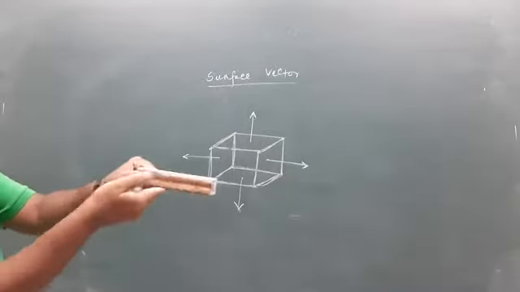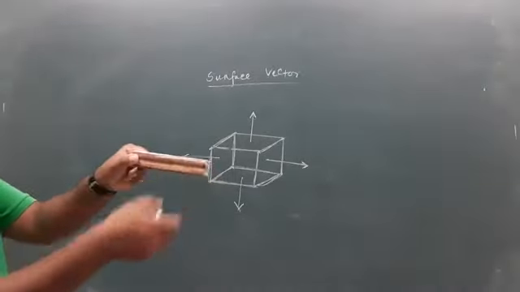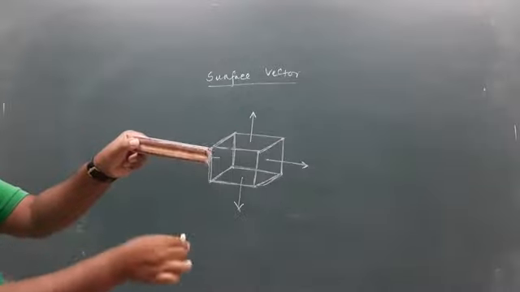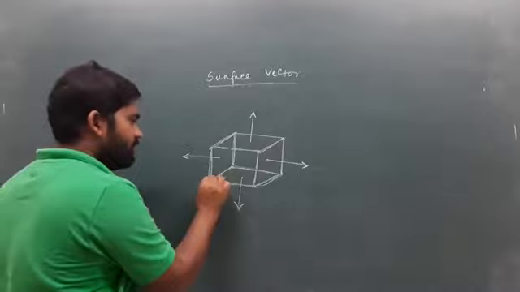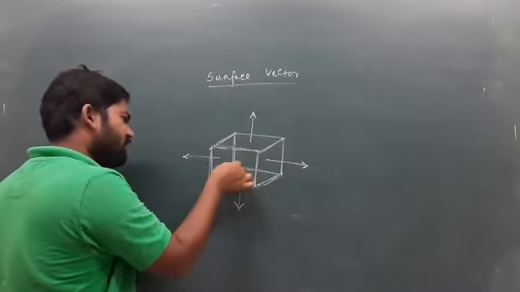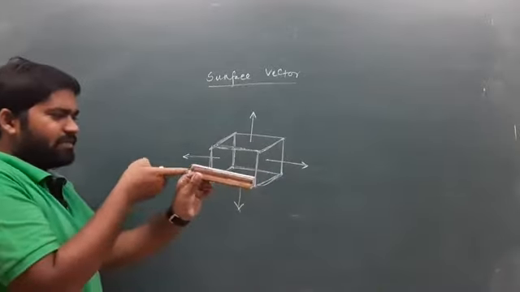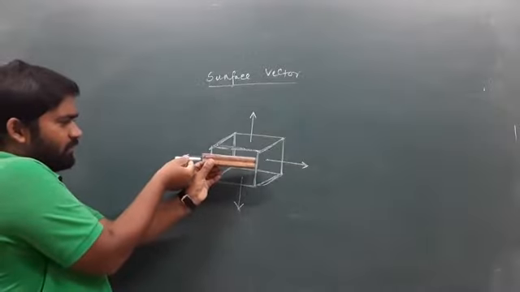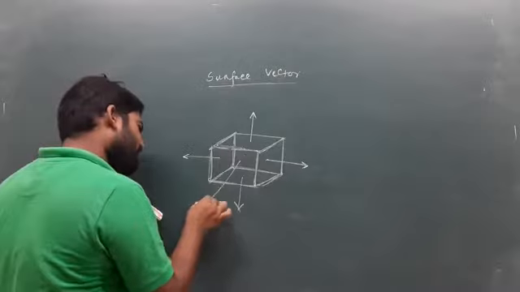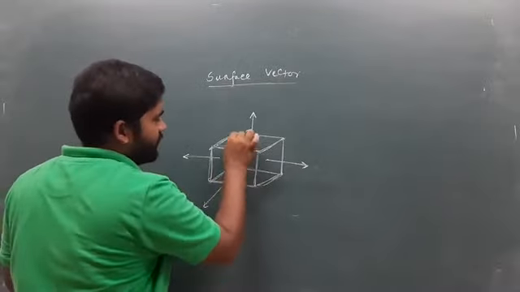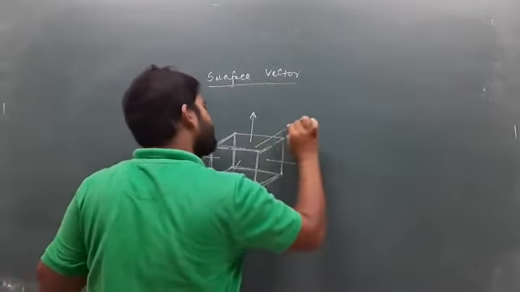For this region, the lower region, the direction is outward, perpendicular to the surface. For the below region, the vector will be like this.